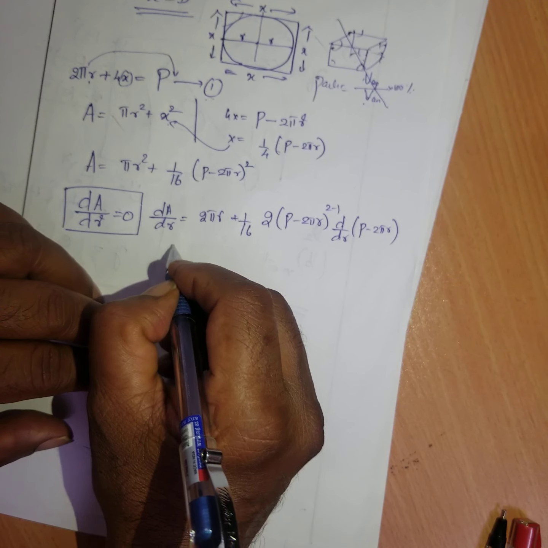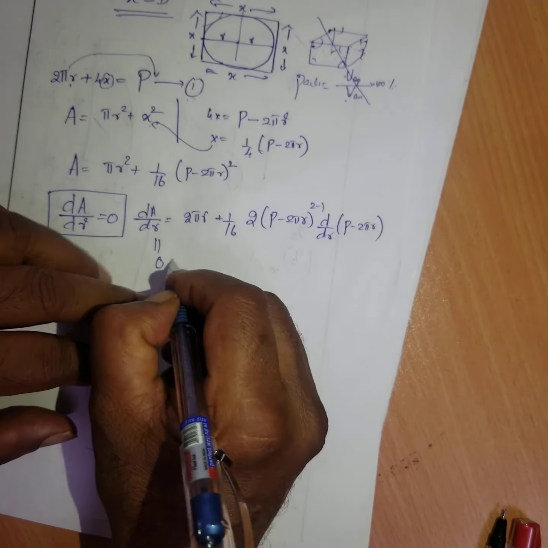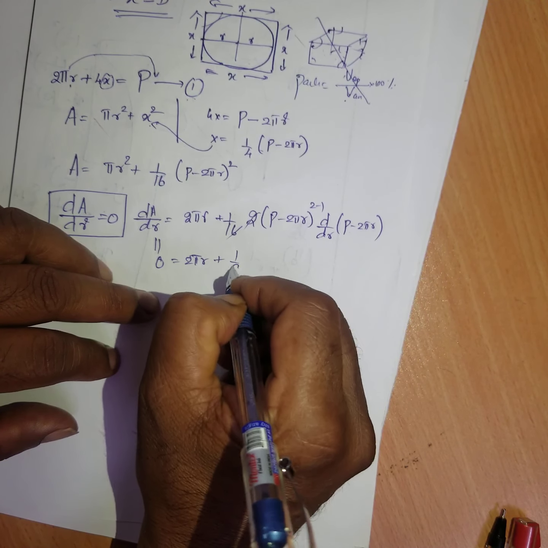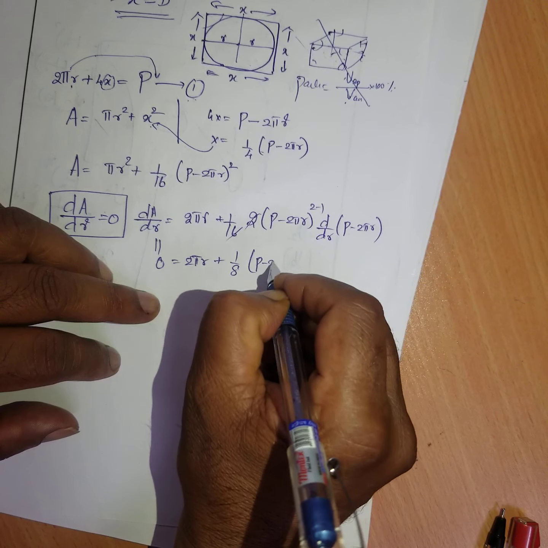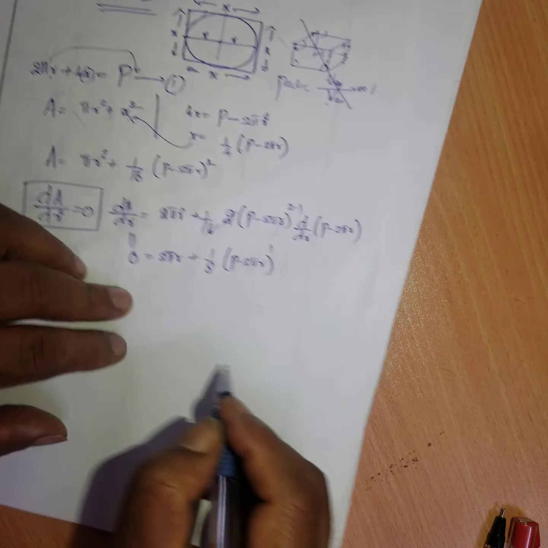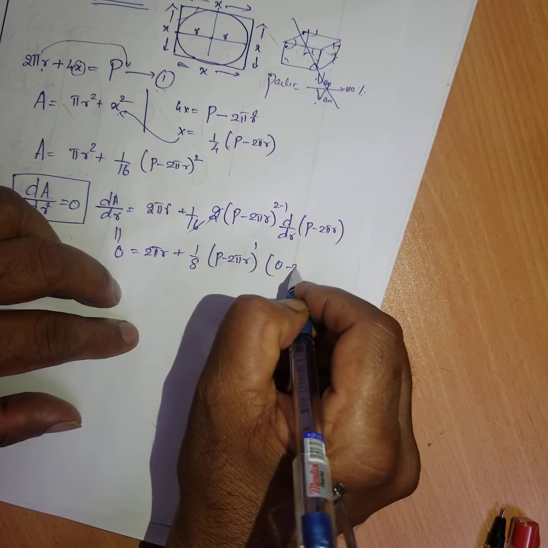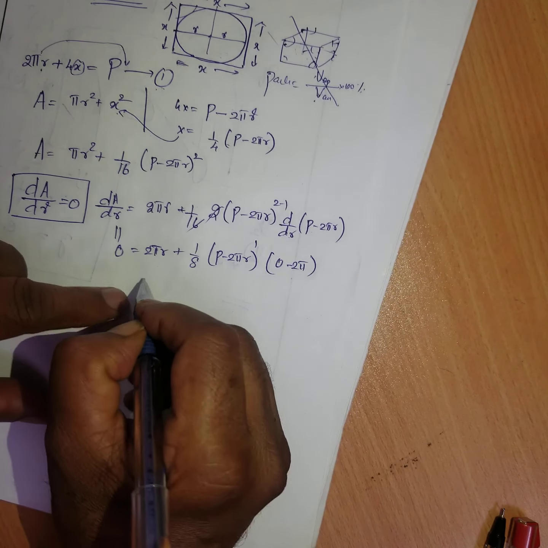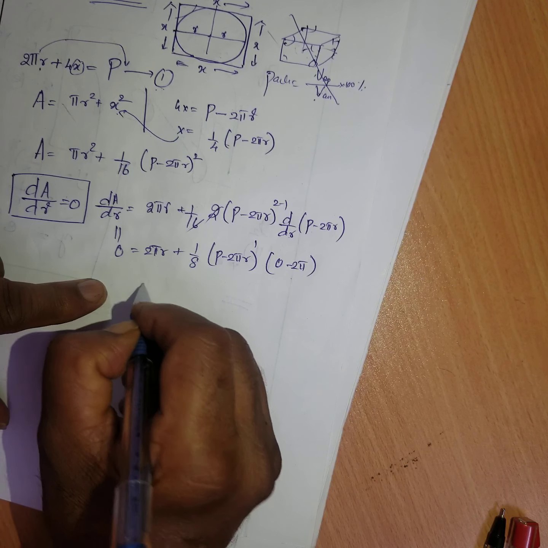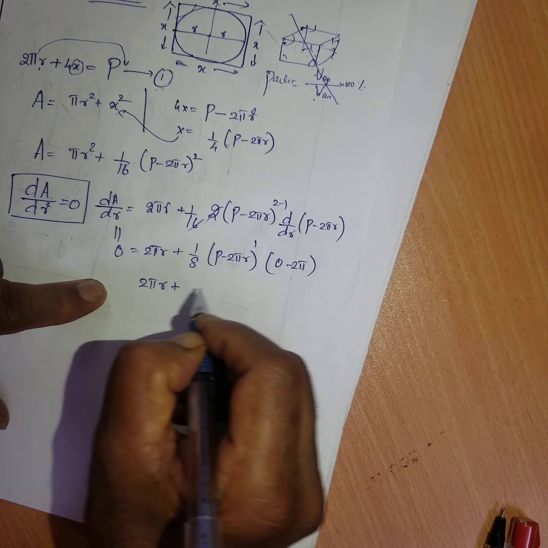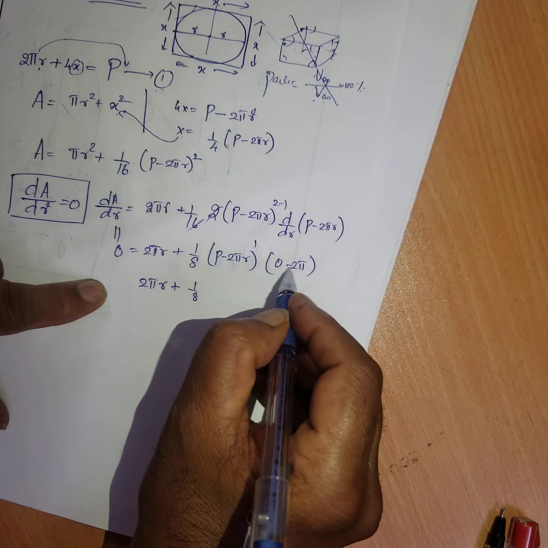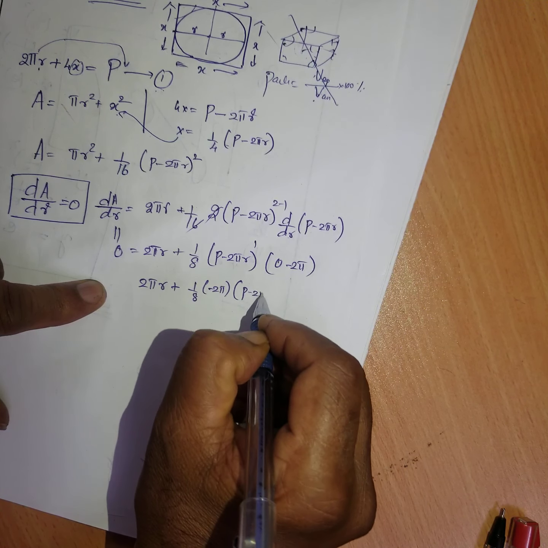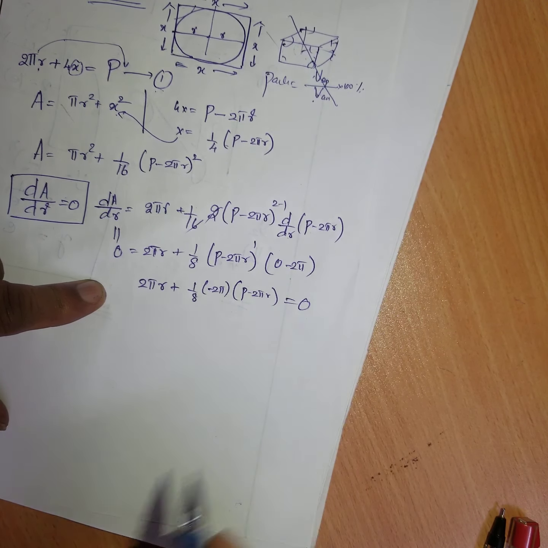Therefore, equating this to 0, we get 2 pi r plus 1 by 8 (p minus 2 pi r) to the power of 1. P is constant, so its derivative is 0, minus 2 pi. Differentiate with respect to r. Then again what to write? 2 pi r plus 1 by 8, here minus 2 pi (p minus 2 pi r) equal to 0.